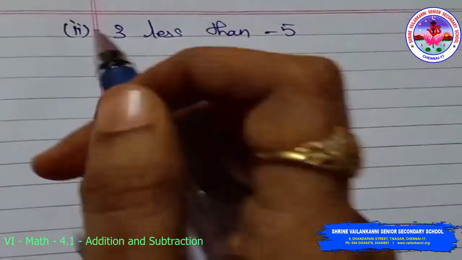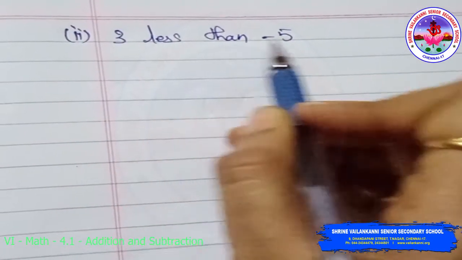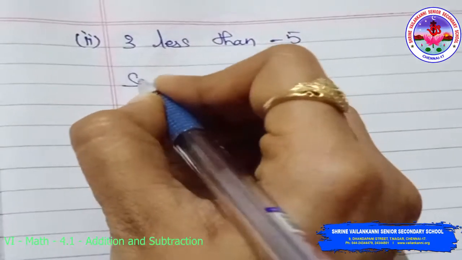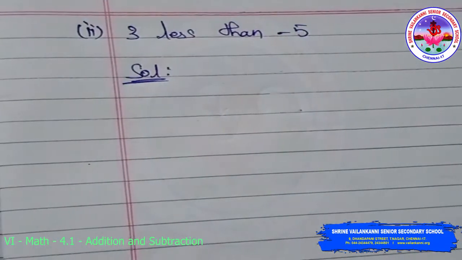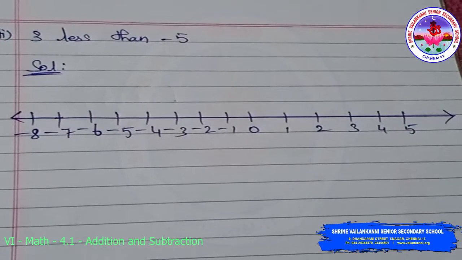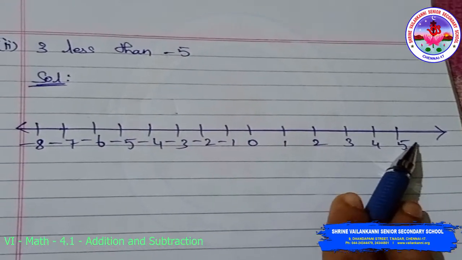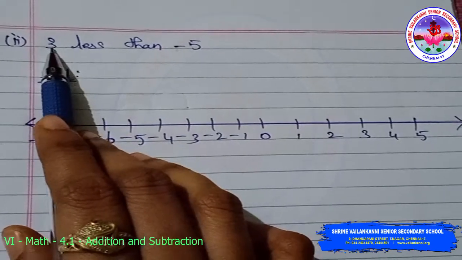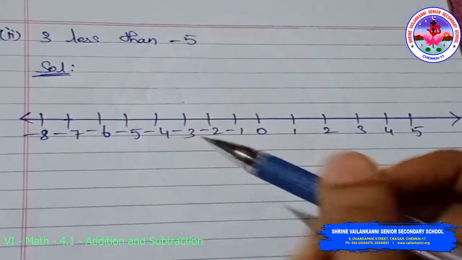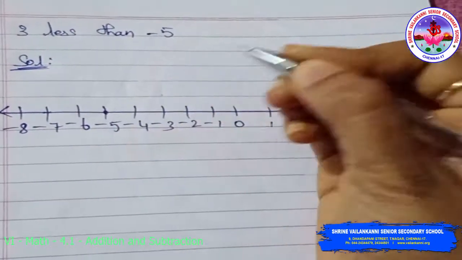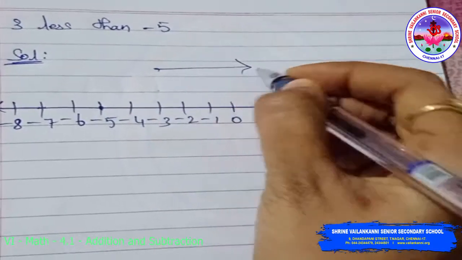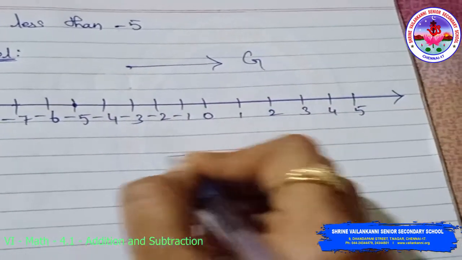Next, second question. 3 less than negative 5. Now draw the number line, from negative 8 to positive 5. The question is 3 less than negative 5. The starting value is negative 5. Move to the right-hand side, that is greater value. Move to the left-hand side, that is smaller value.